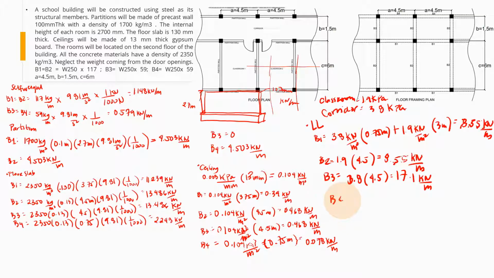And then for our beam 4, ito yung consider yung tributary width which is 0.75. So we have 3.8 multiplied by 0.75. So we have 2.85 kilonewton per meter. So yan, kompleto na yung ating mga loads.